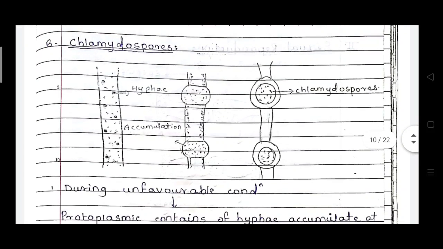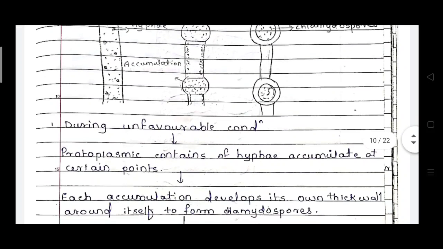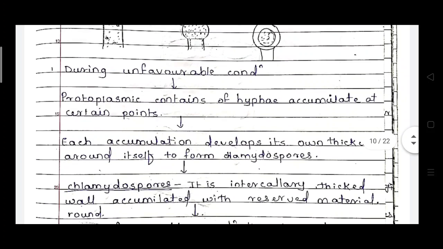In the case of chlamydospores, in unfavorable conditions the protoplasmic contents accumulate at a certain point and develop a thick wall around it, and that is nothing but the chlamydospore. They are placed at an intercalary position.